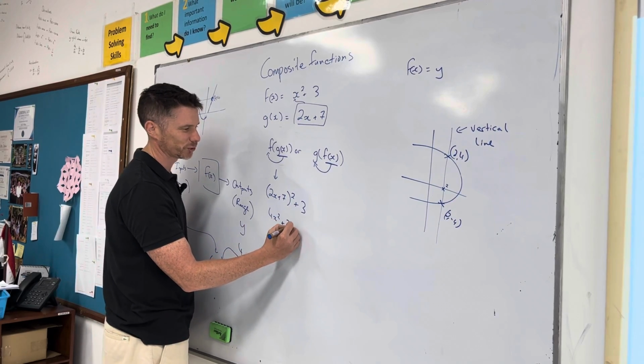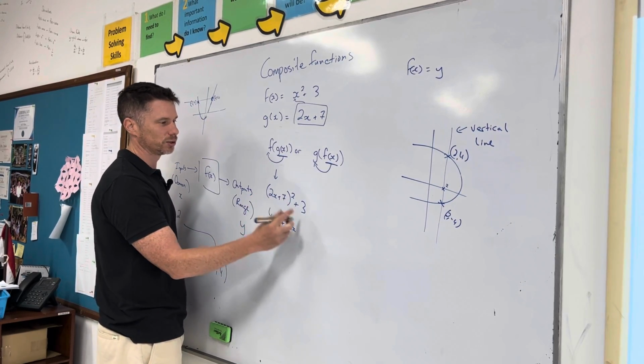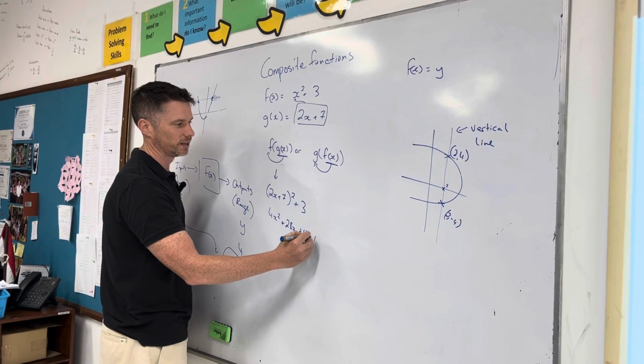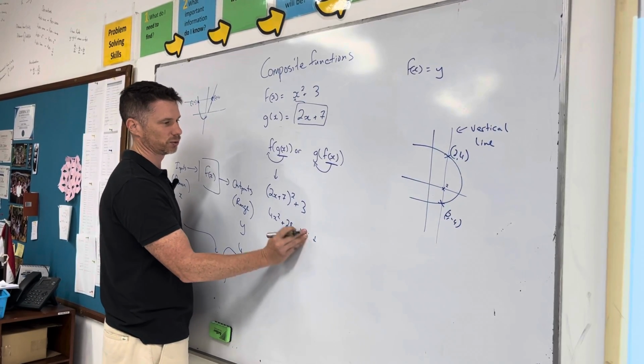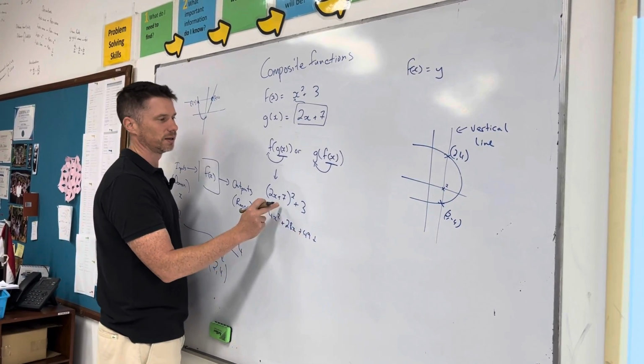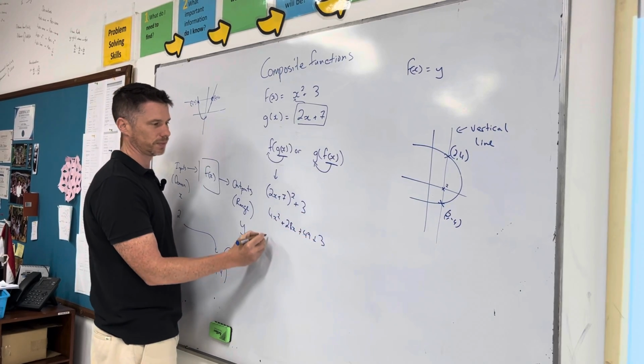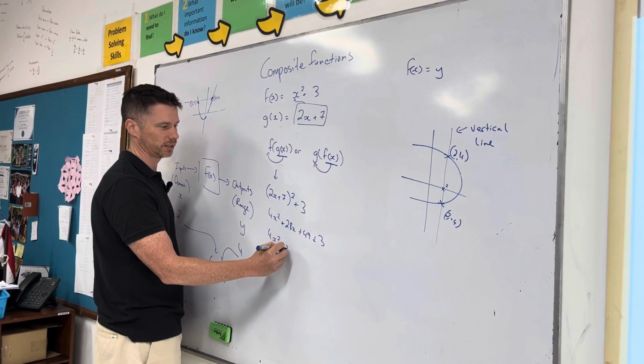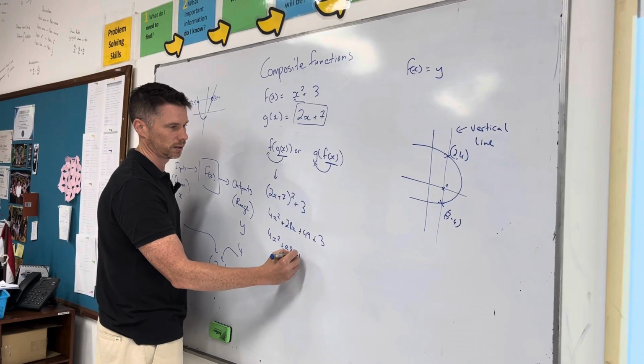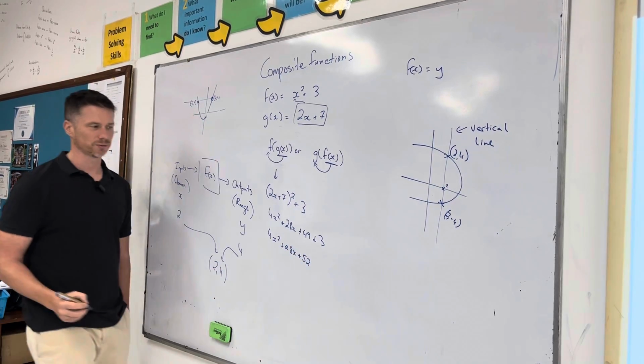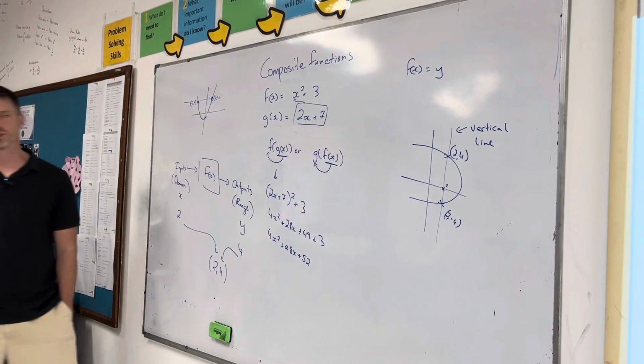Very good. Just 28x. This one's not squared this time. 7 squared is 49, and then plus this 3. And then I can just add the 3 at the end. And I have my new composite function, the two functions combined, one subbed into the other.